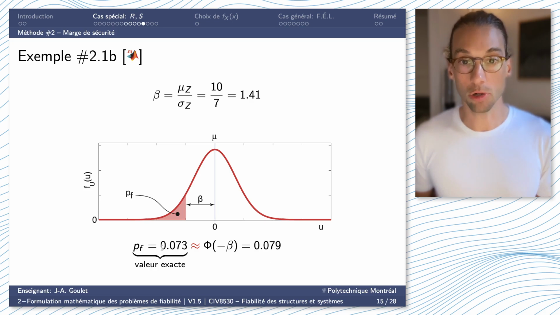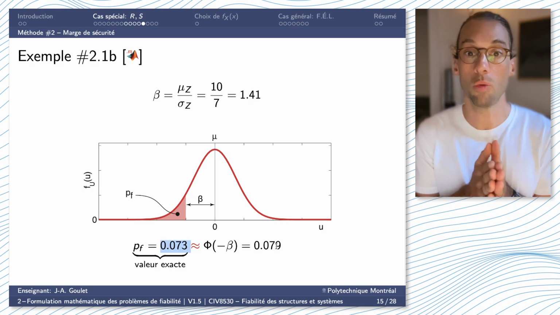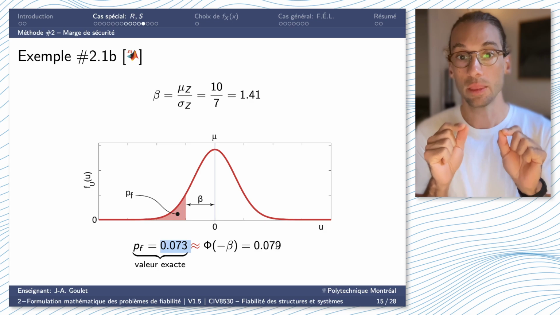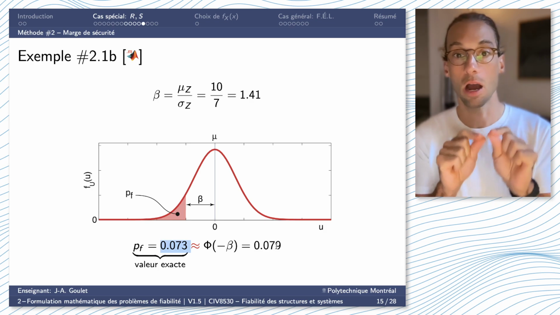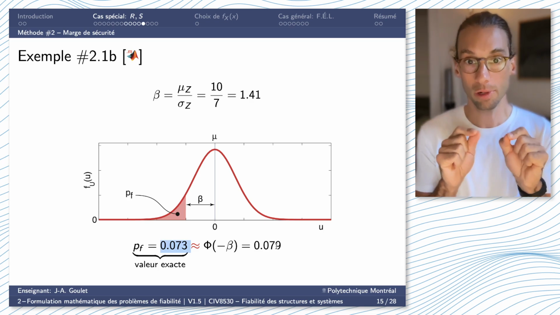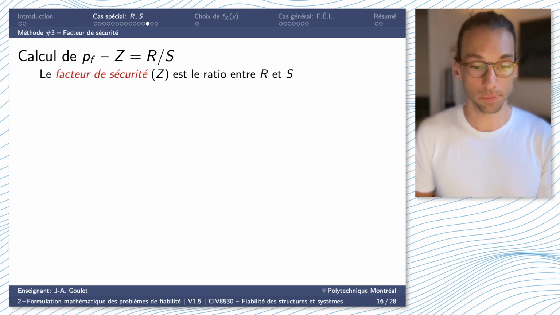And here I numerically compute exactly what the real probability should be: 0.073 versus 0.079. I'm not exactly on it, but I'm not too far away. The reason I'm not exactly on it in this case is that it would only be exact if my R and S were normal random variables. Since here I'm using log normal, I'm not exactly matching the theoretical result.